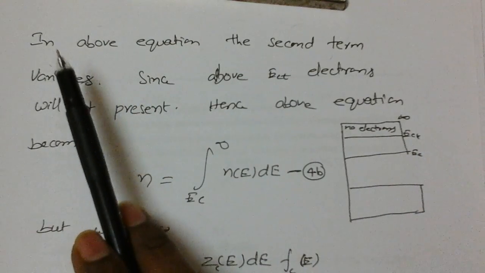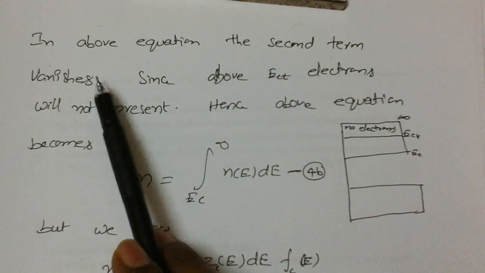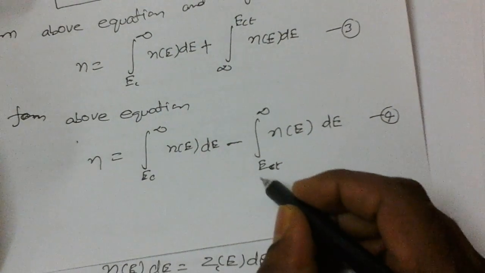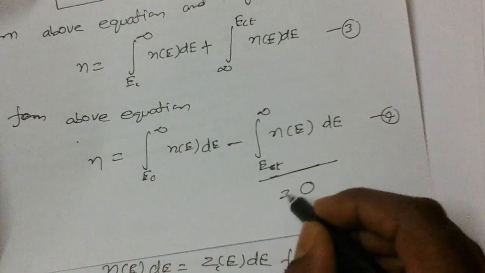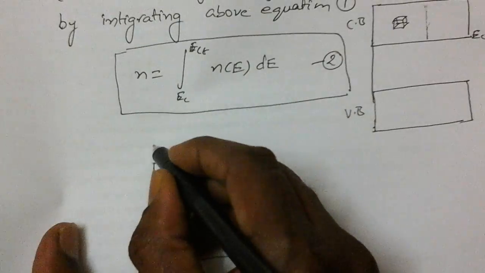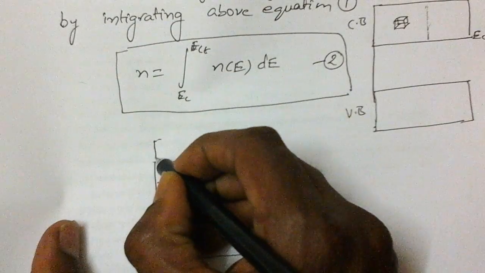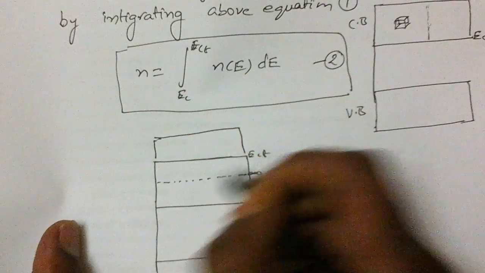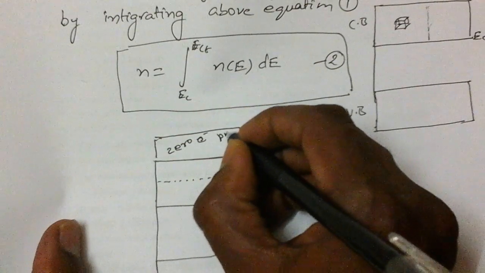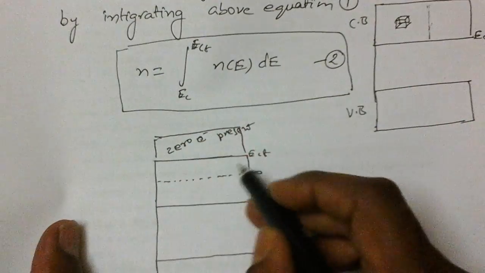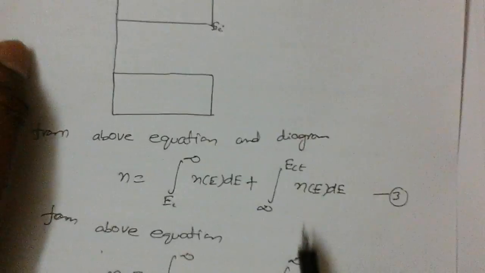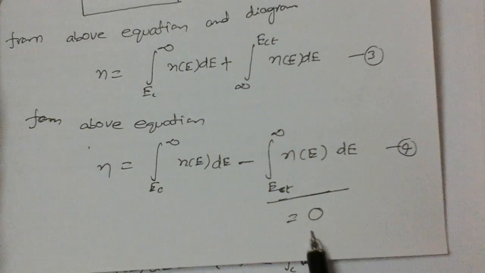This fourth equation says that in the above equation the second term vanishes, means this term becomes 0, because above ECT there are no electrons present. In the above ECT, how many electrons are we having? 0 electrons. That is why this value is equal to 0.